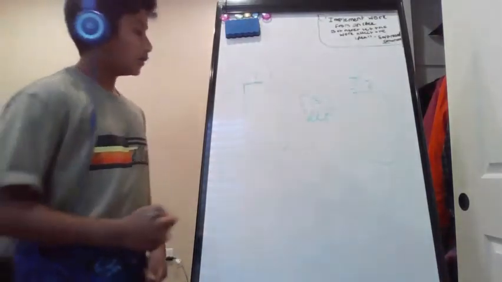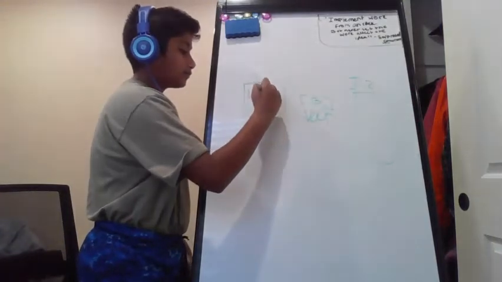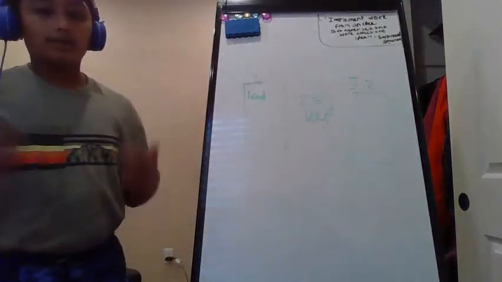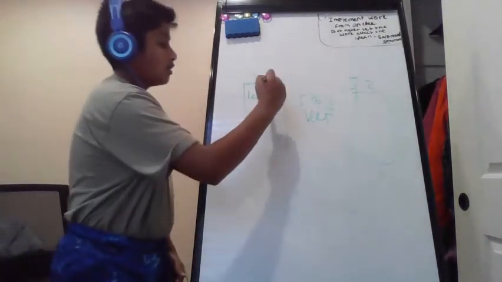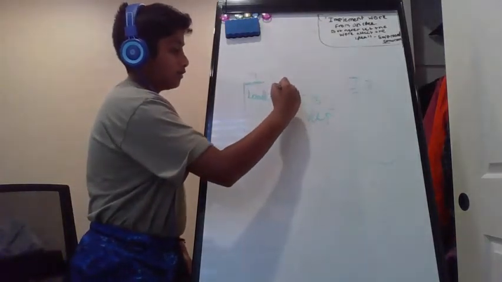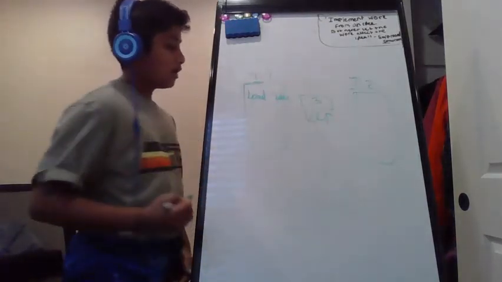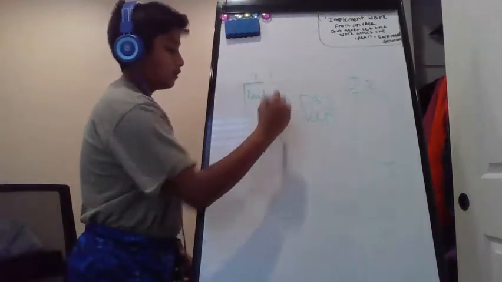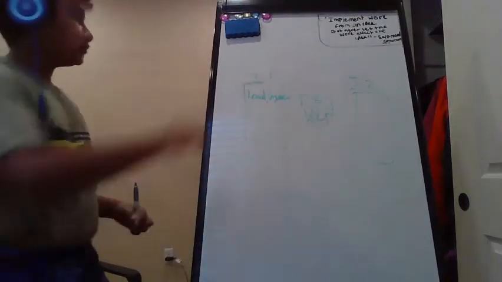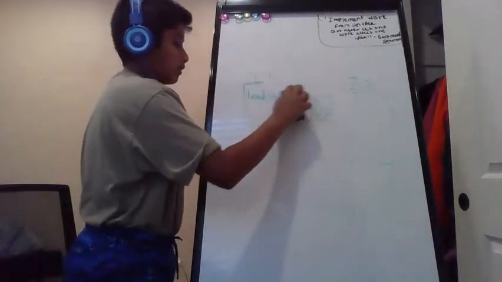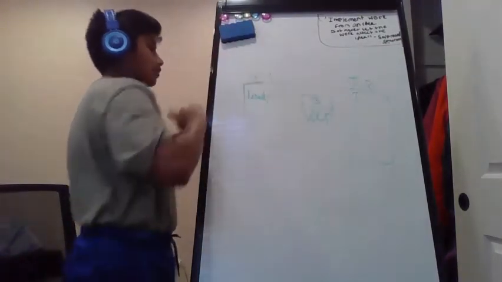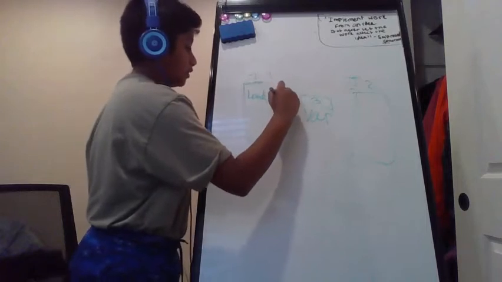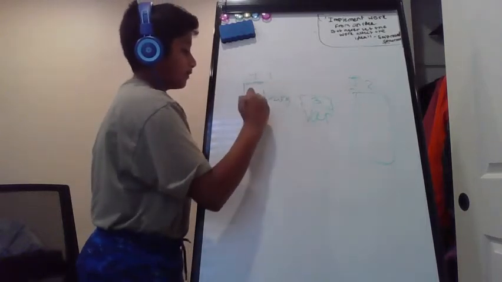So first, it's going to load the reference count. So it's going to load var x, and it's going to load the variable, var. So it's going to load var x, which is the reference count, and then var. All right.